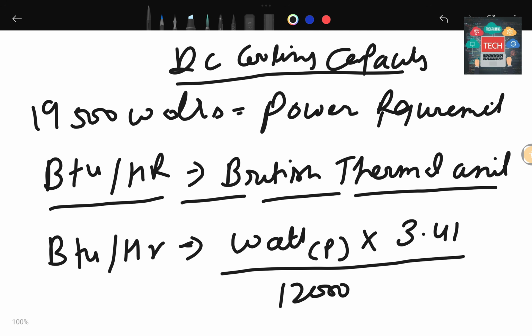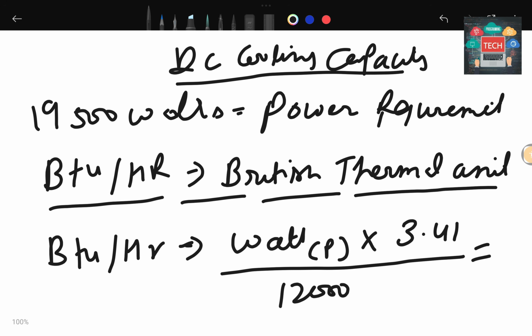So this is the formula to calculate the BTU generally. So we will calculate the BTU. And 12,000 is one of the parameters in the formula.